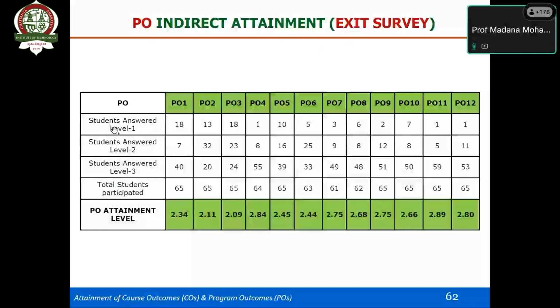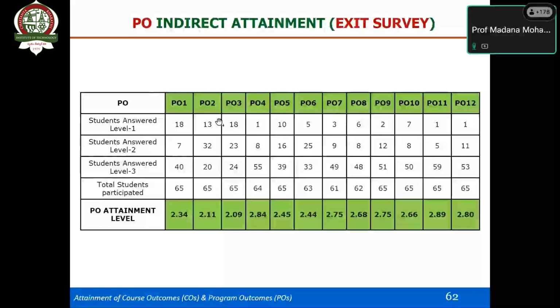Exit survey PO1, number of students attempted with level 1 is 18, level 2 is 7, level 3 is 40. The total participated is 65. With this formula, 1 into 18 plus 2 into 7 plus 3 into 40, whole divided by 65, you will get 2.34. Similarly, PO2 to 12.